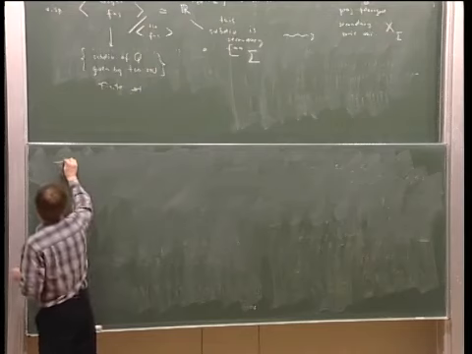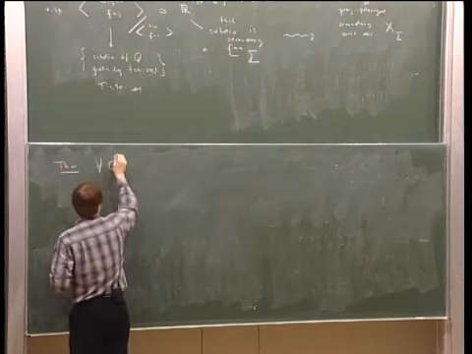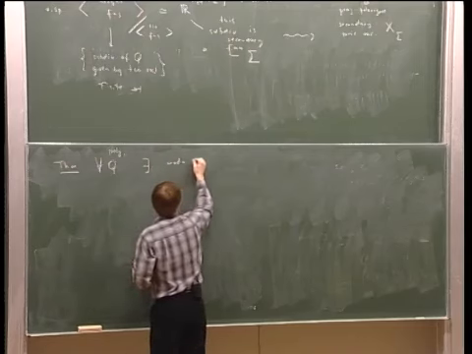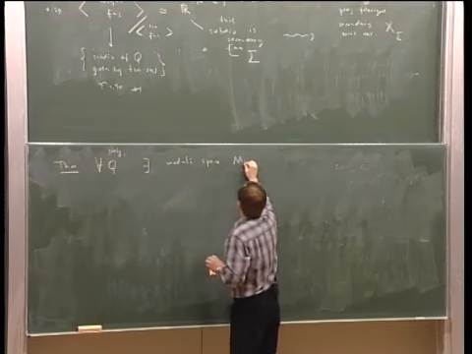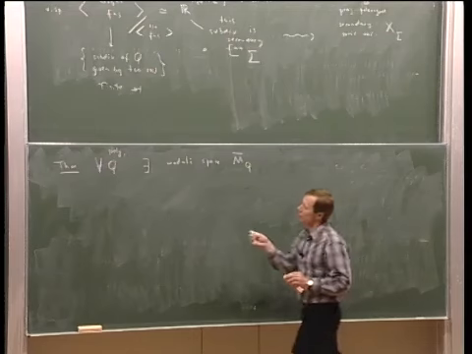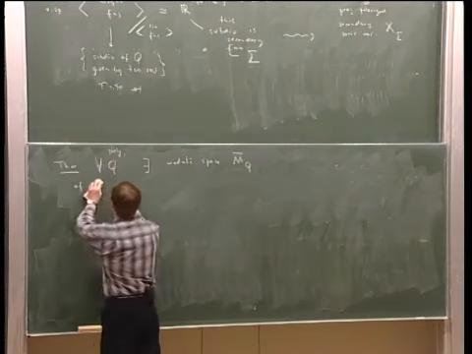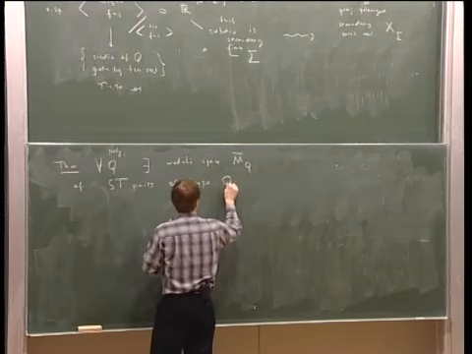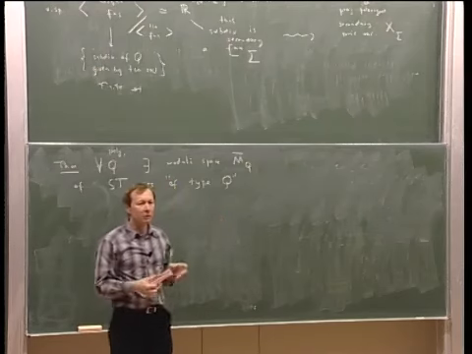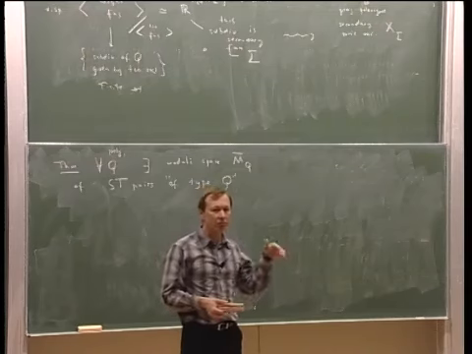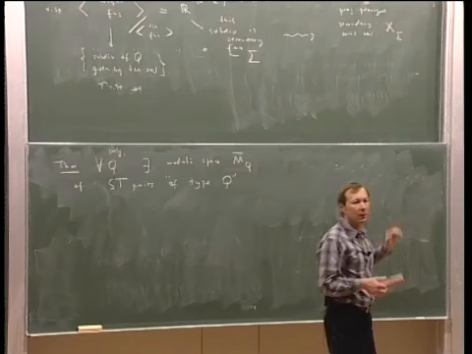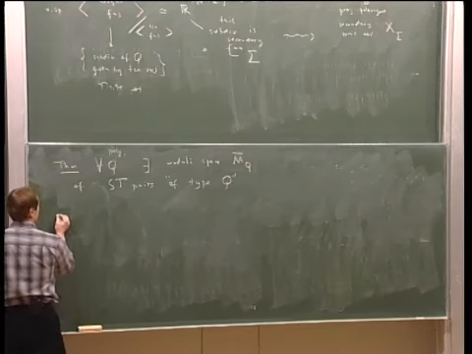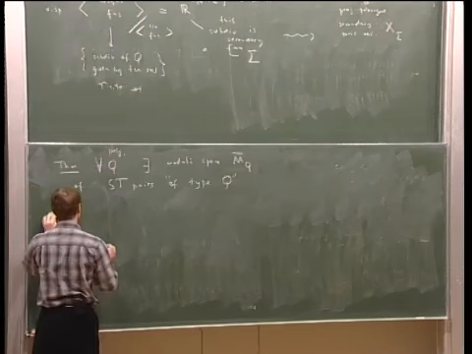So the theorem is that for every Q in this polytope, there is a moduli space M bar Q of stable toric pairs of type Q. And of type Q means that they correspond either to Q or to subdivisions of Q. And this moduli space doesn't have to be irreducible, but it has the main irreducible component.